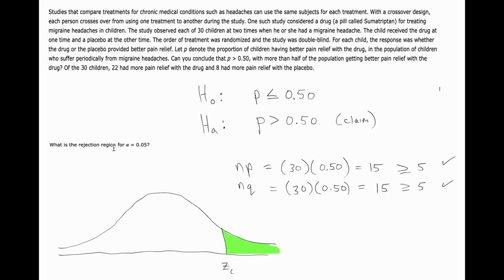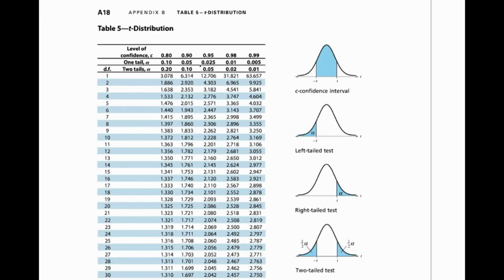Okay, next part of the question says, what is the rejection region for an alpha of 0.05? The alpha in the tail is 0.05. We have to find the ZC that goes along with that. In the t-table, we want to look for one tail. This is one place to find it. There are other places to find it, but if we go to the t-table and go to one tail, some of these common alpha levels are given.